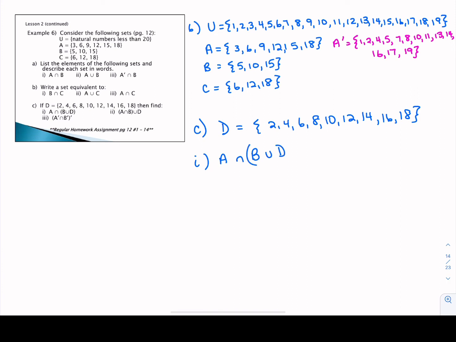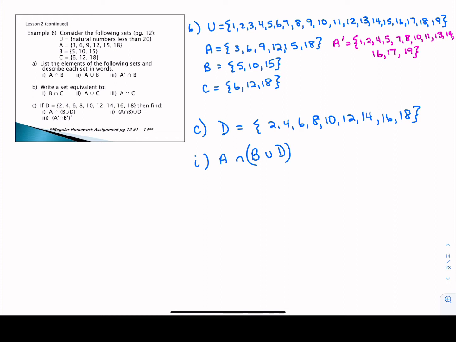Now that B union D is in brackets. So what that means is we first have to find B union D, which means numbers that are in set B or in set D. And then we have to find that intersection with set A. So this is going to take a little bit more work.